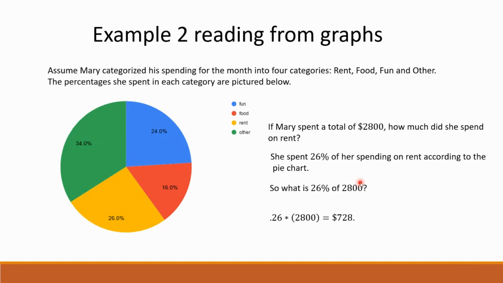But so here we have Mary, who, it looks like, is categorizing how much she spends in a month. And the 4 categories, as you can see here, are fun, food, rent, and other. Notice we're given percentages though, like 24% of her spending was on fun, 34% was on other, and so on.